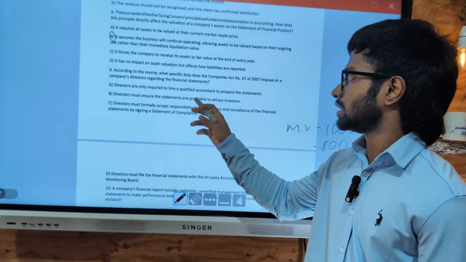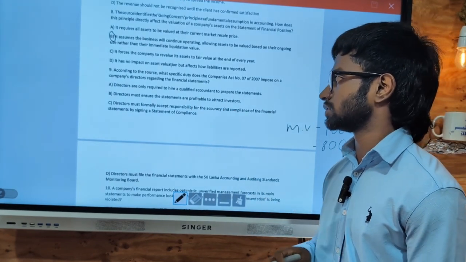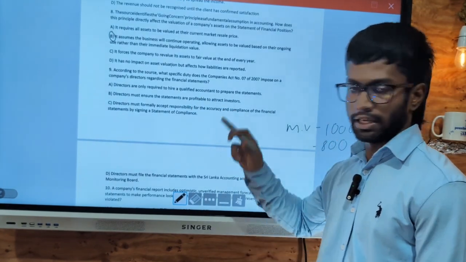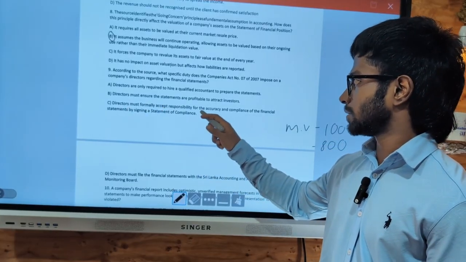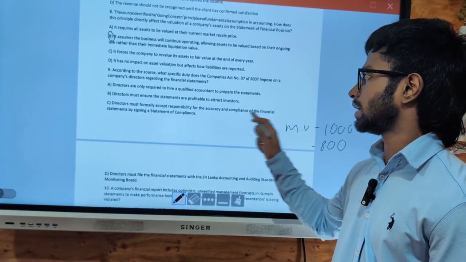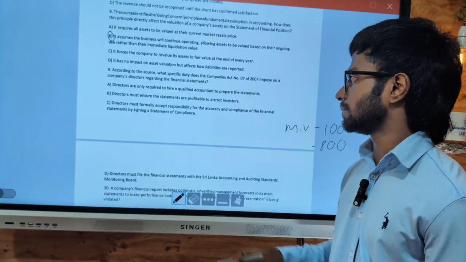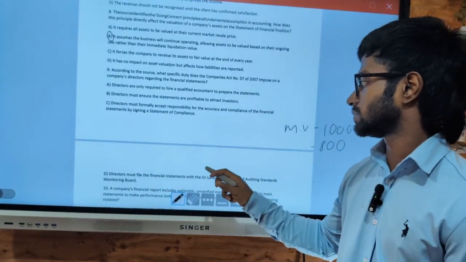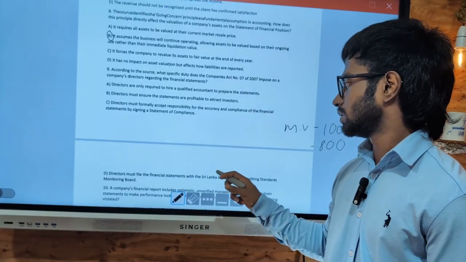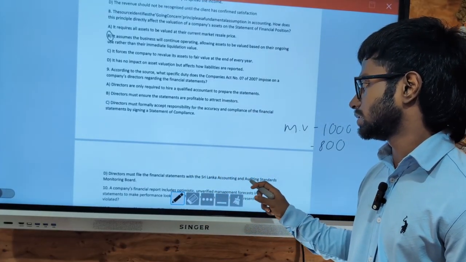Directors must ensure that statements are profitable to attract investors. We'll leave that for now. Directors must formally accept responsibility for the accuracy and compliance of the financial statements by signing the statement of compliance. We'll keep that also.